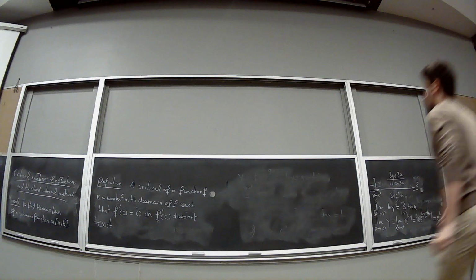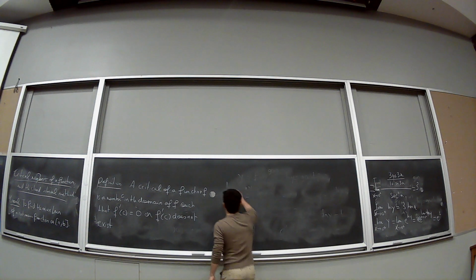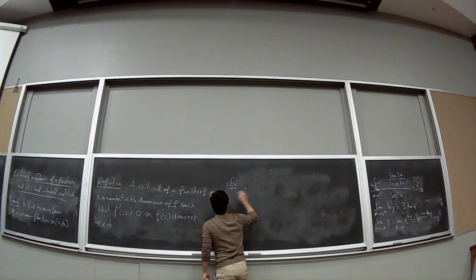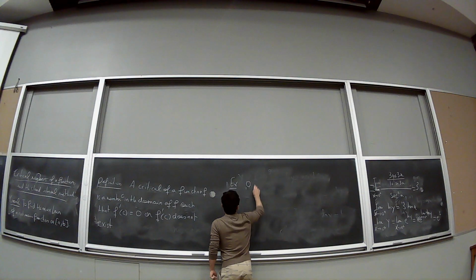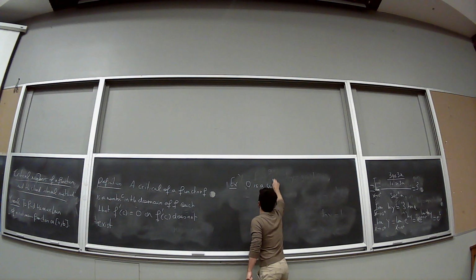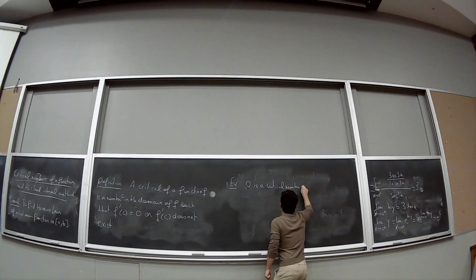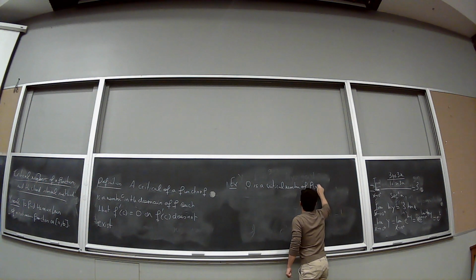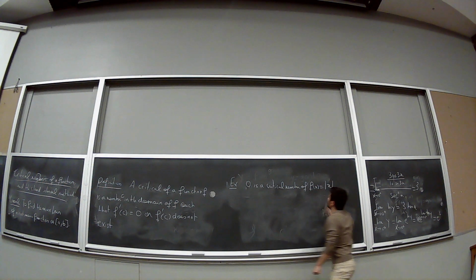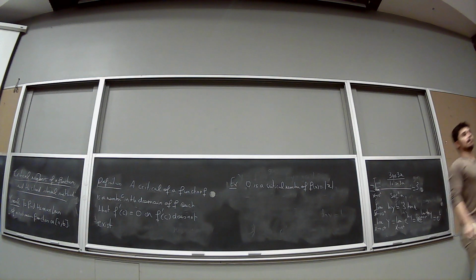Okay? Examples, let's start with some examples. Zero is a critical number of the absolute value function. Why is that? First of all, is f defined at 0?